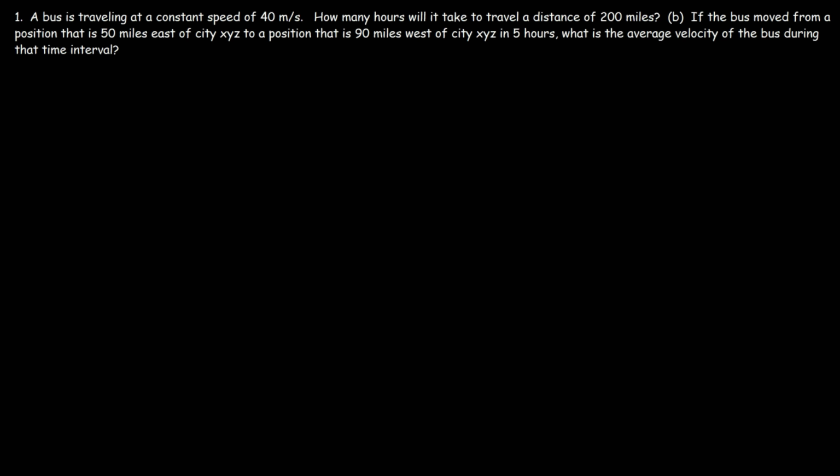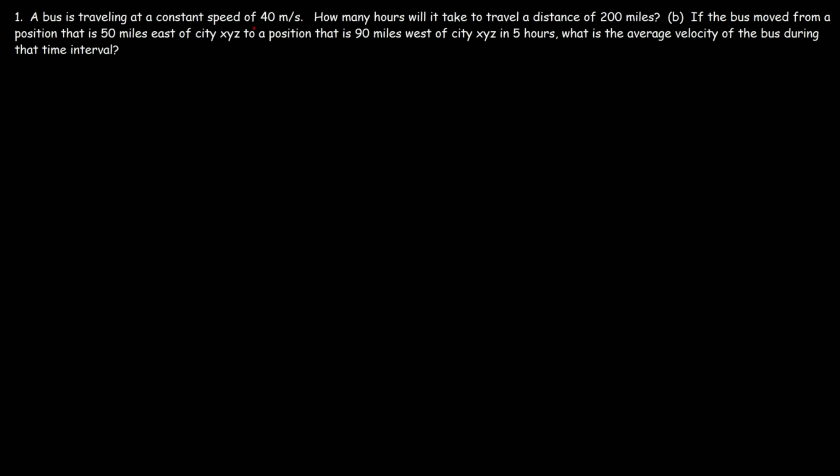Let's start with this one. A bus is traveling at a constant speed of 40 meters per second. How many hours will it take to travel a distance of 200 miles? So what formula do we need to use?